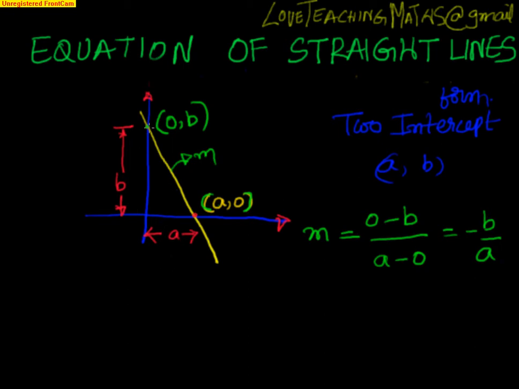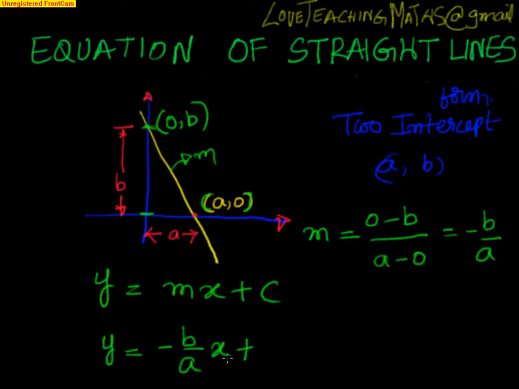And you also know the equation for the line where you have the slope and also the y-intercept. This we have done just 5 minutes before. What is the equation for this? y equal to mx plus c. I hope you are with me. Now y equal to, what is m? Minus b by a x plus c. What is c? c is nothing but the y-intercept. In this case, it is equal to b. Are you with me?